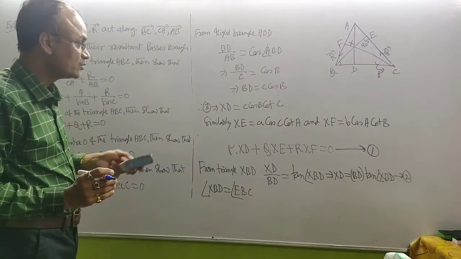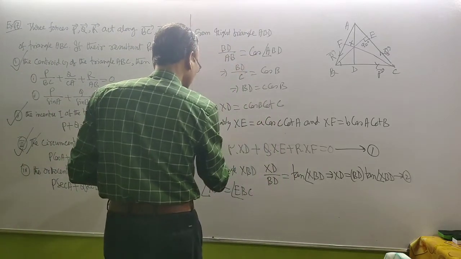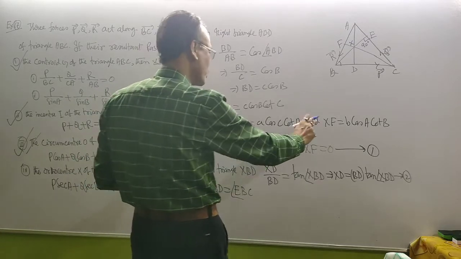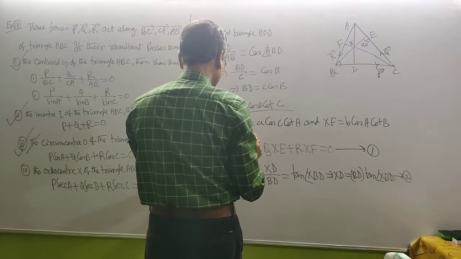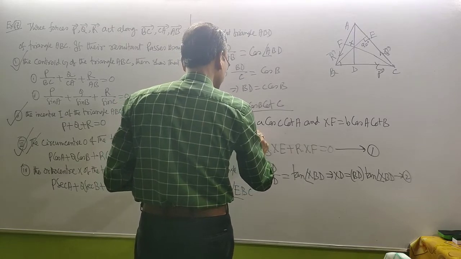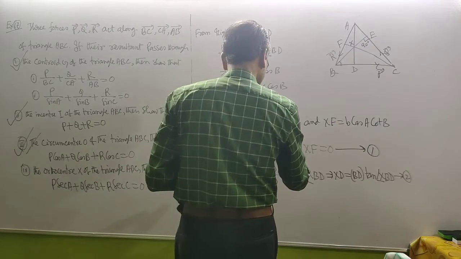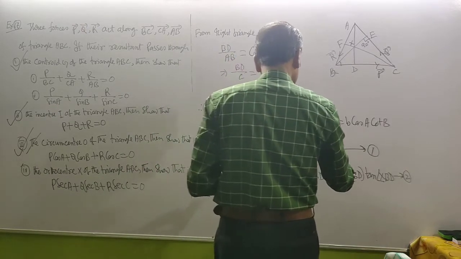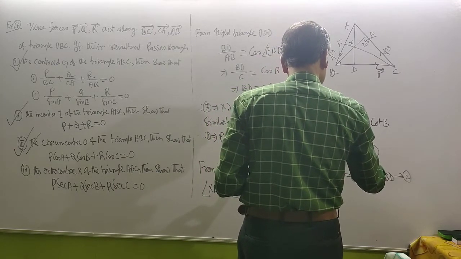Therefore, from 1 we get P times XD, that is c cos B cot C, plus Q times XE, that is a cos C cot A, plus R times XF, that is b cos A cot B, equal to 0.